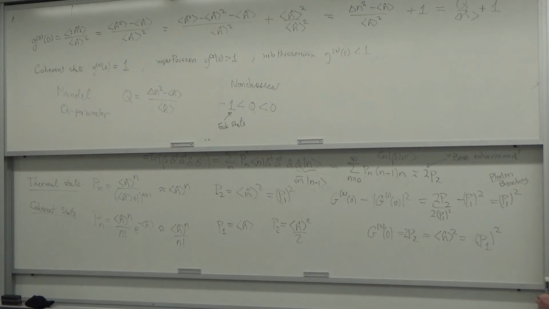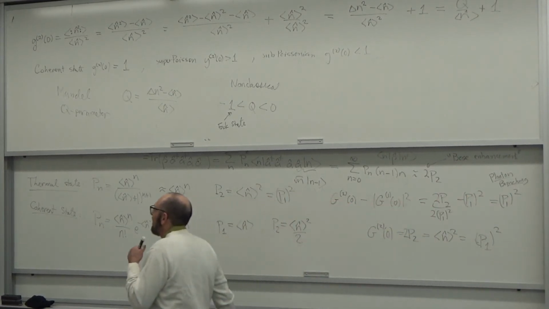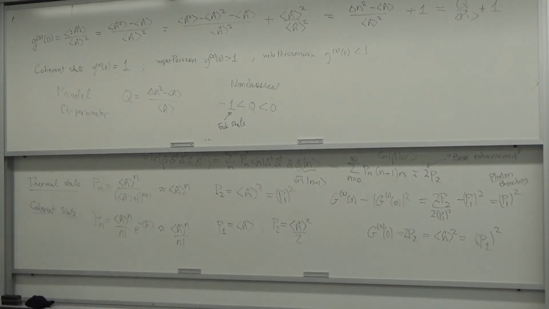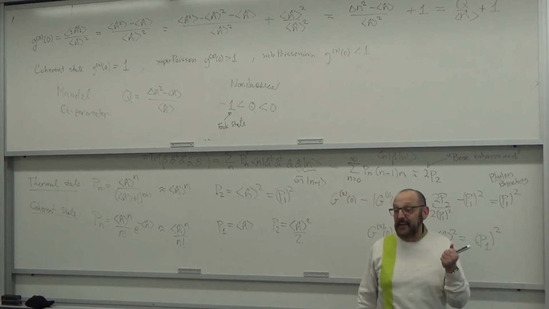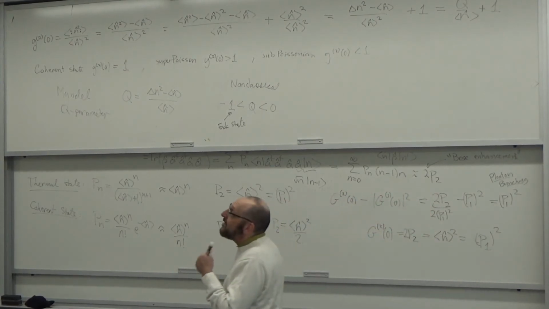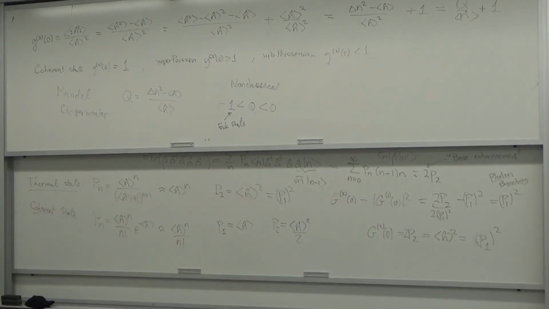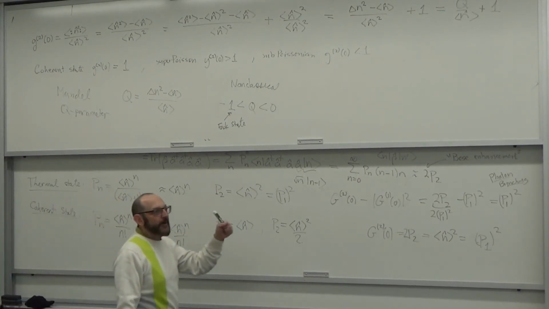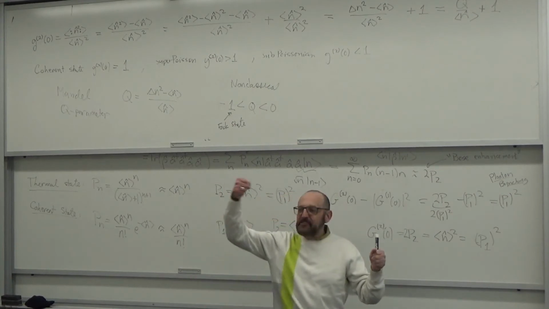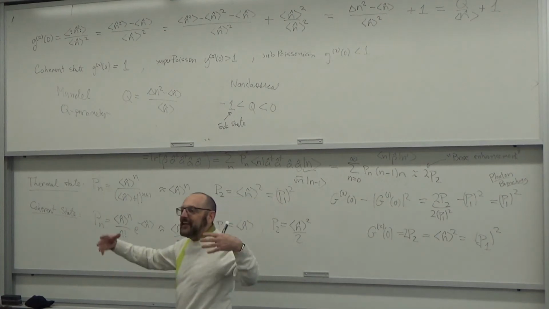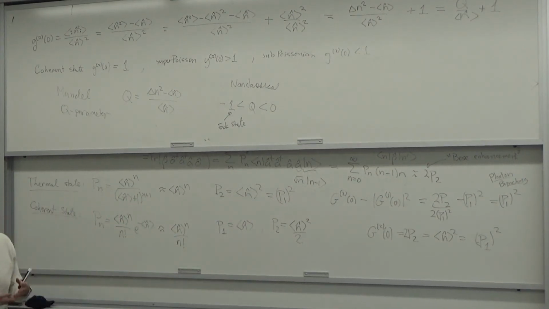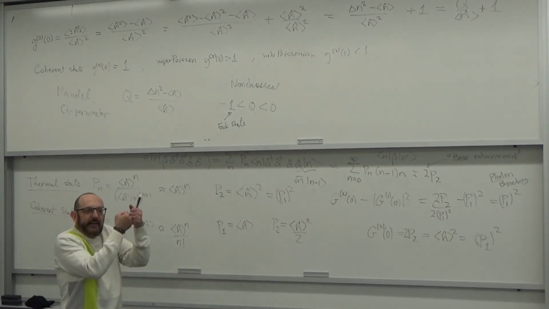So, this was interestingly a big controversy in the 1960s. In the 1960s, lasers were invented. And Mandel said, oh, we're going to see an amazing enhancement of the Hanbury Brown-Twiss effect, because we're going to have this kind of Bose enhancement of many photons in the mode. And there we'll see this big enhancement.